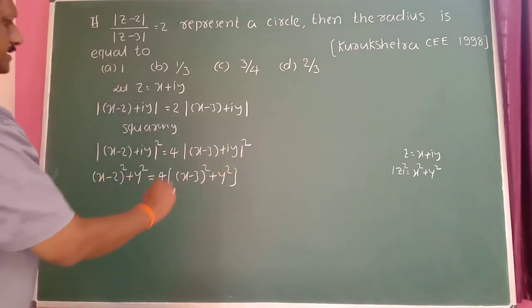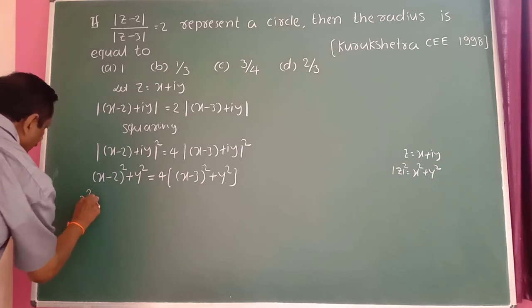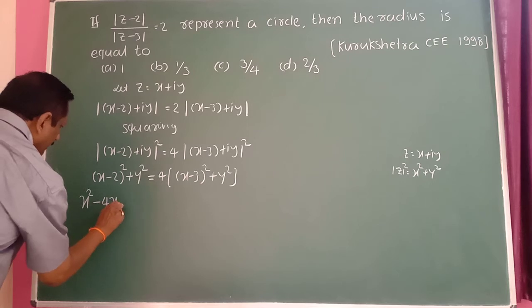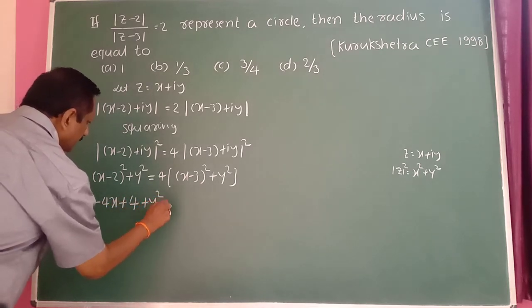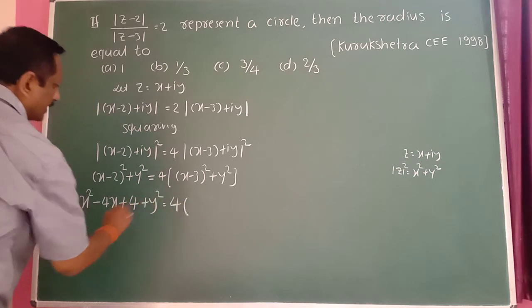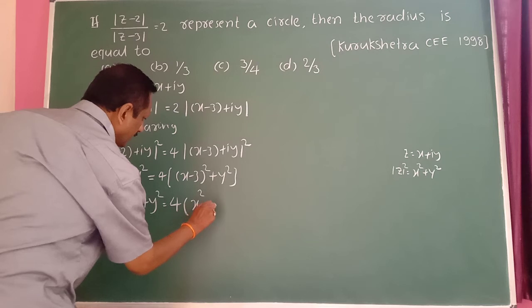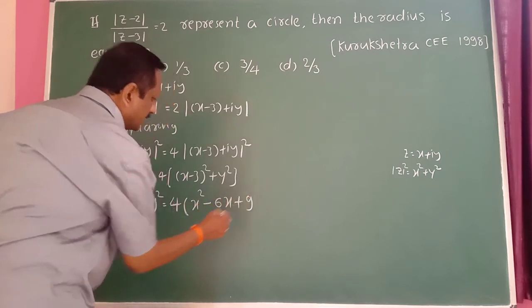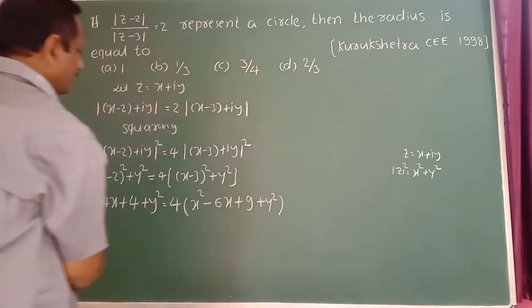Using that, (x minus 2) whole square is x square minus 4x plus 4, plus y square, is equal to 4 into bracket x square minus 6x plus 9, plus y square.